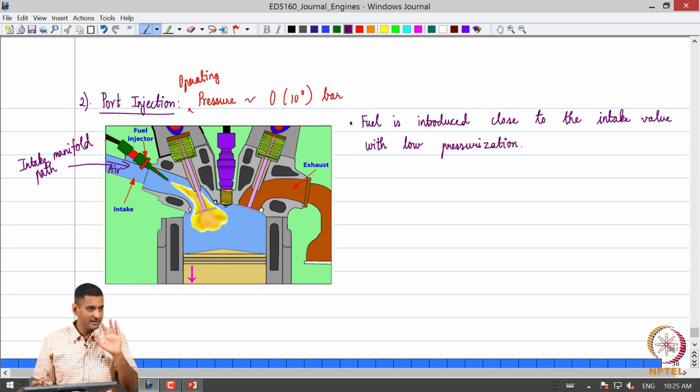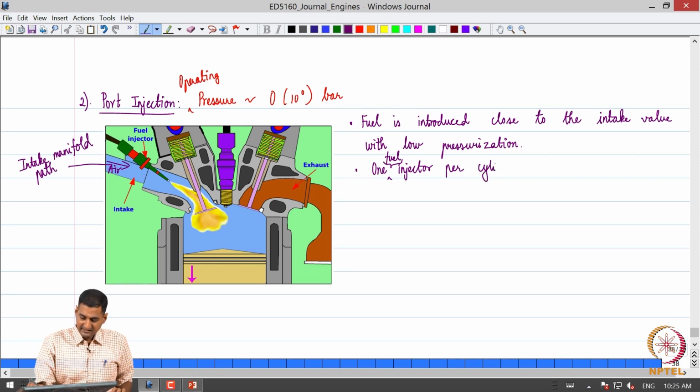So this enables better atomization. Typically the most common configuration is essentially using one fuel injector per cylinder in a multi-cylinder engine.